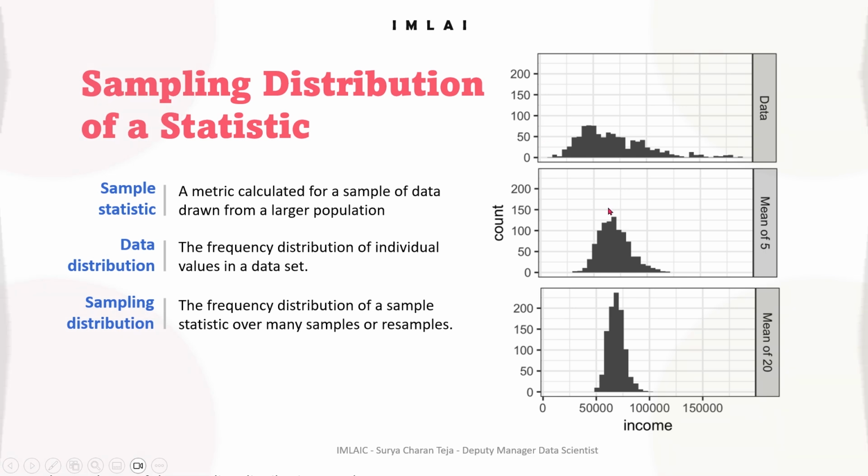Then we have taken many samples. It's a huge dataset of 10,000 data points, and out of it we have taken samples, where each sample size is 5. We calculated the mean of each sample, then the frequency of each sample mean, and plotted it on the distribution, and this is what we got. That is the difference between a data distribution and a sampling distribution.